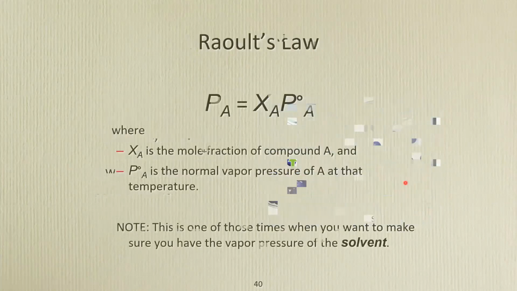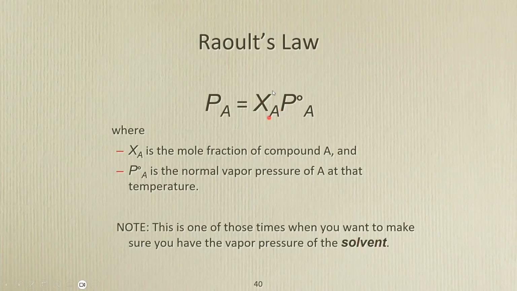And with this, we've got an equation we can use to specifically calculate how that vapor pressure is going to change. So PA on the right-hand side, where we've got that little degree symbol, is going to represent the normal vapor pressure of that pure solvent. X is going to be the mole fraction. And for this one, just recognize this is the case where we're looking at the solvent.